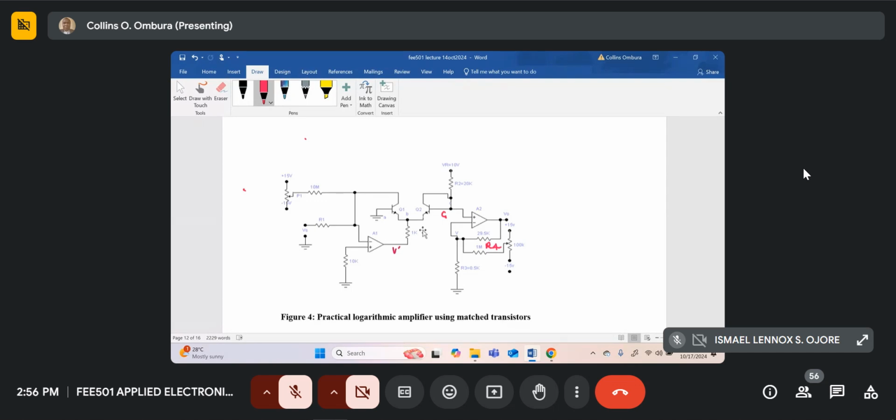Now, let's see how this circuit is able to compute the log. It's not the best circuit, but it's a practical circuit.